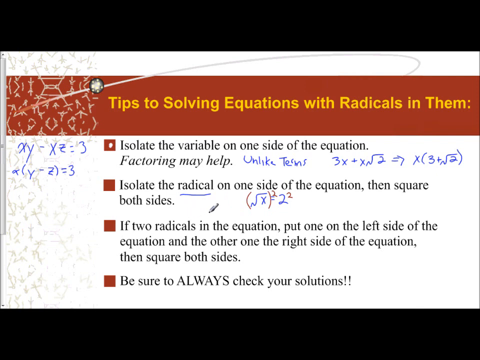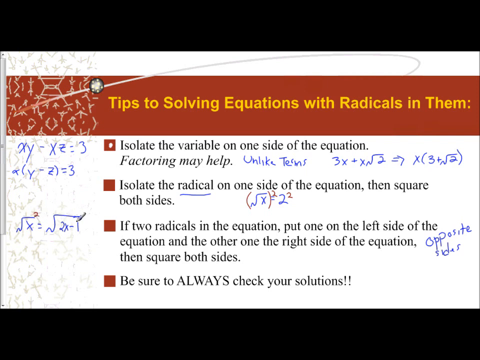If you have two radicals, what you need to do is put them on opposite sides. Put one on the left side, put one on the right side. And then square both sides. Here I just had one radical, but if I have two, so let's say the square root of x equals the square root of 2x minus 1, they're on opposite sides, and there's no addition or subtraction here.